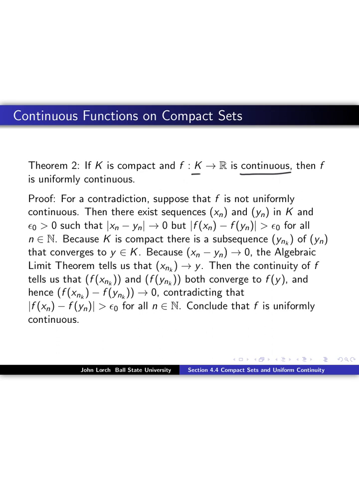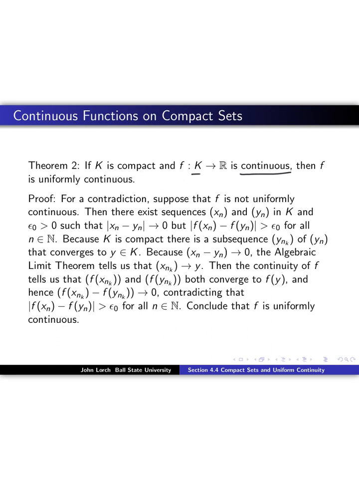If that's true, then we can use that sequential characterization that we had a couple of slides ago to find a couple of sequences xn and yn in our domain, K, and we can select an epsilon bigger than 0 such that xn minus yn tends to 0, but when we apply the function values and subtract, we're always bigger than epsilon in absolute value.